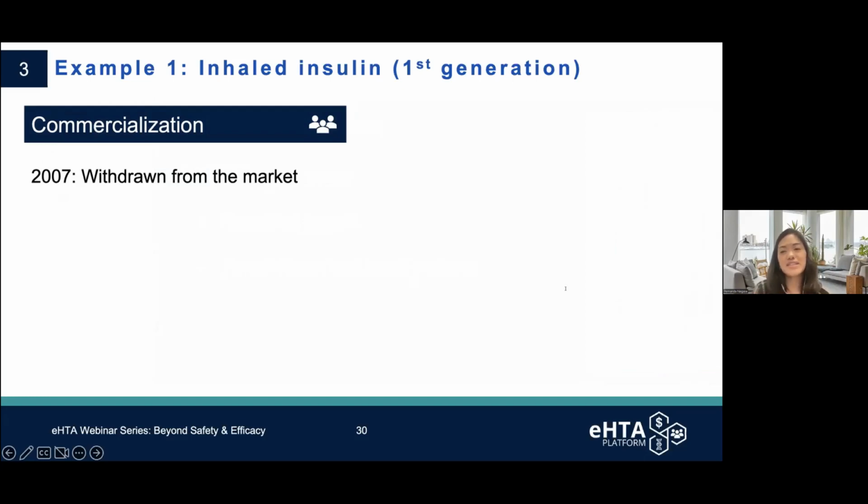So big companies like Eli Lilly and Novo Nordisk were also developing their own, but by 2008, most of them decided to drop their development initiatives. But one company decided to continue developing their own inhaled insulin.